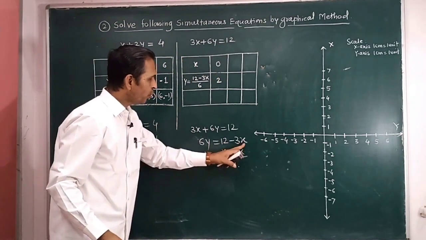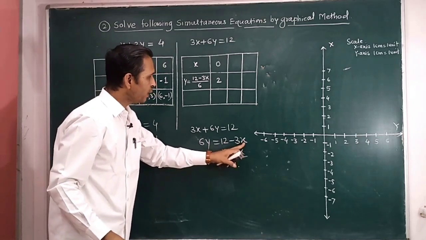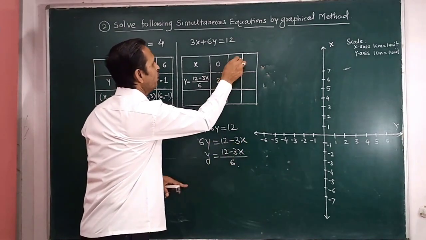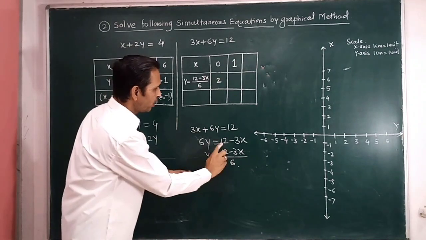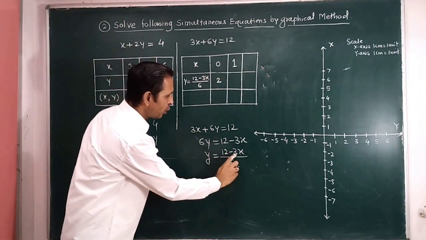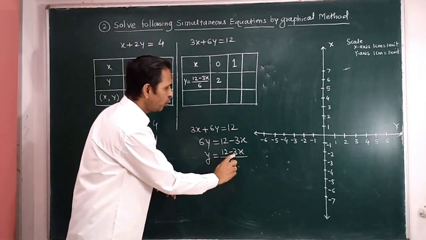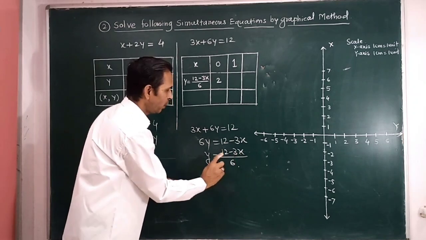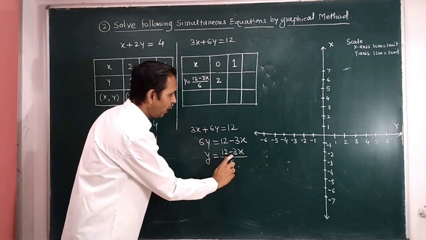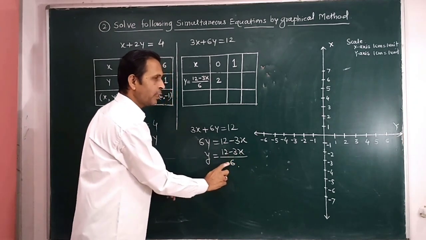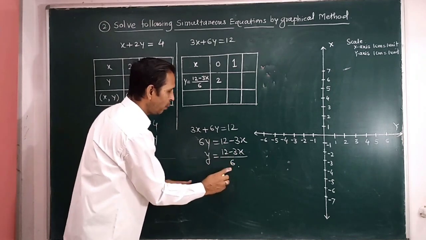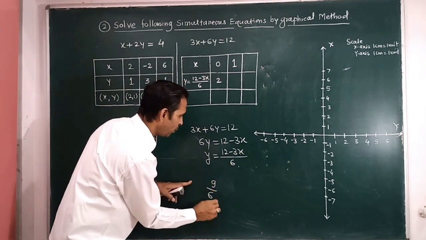Again, if we put x = 1, then 12 minus 3 into 1, that is 12 minus 3, is 9, and 9 divided by 6.